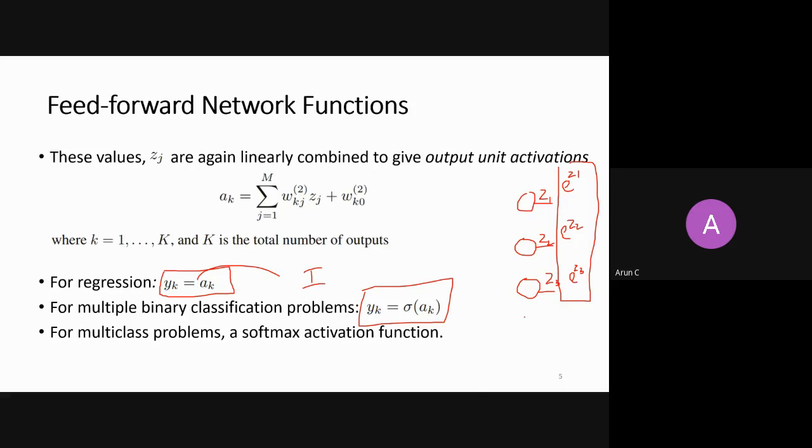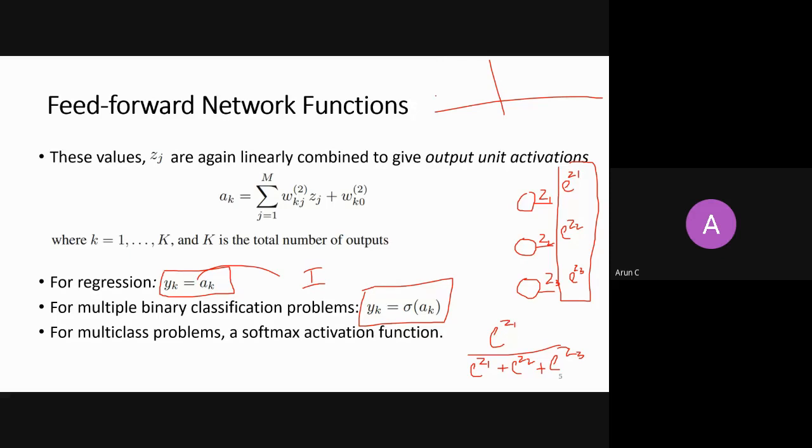So for example, the normalized value for the first node will be e to the power Z1 upon e to the power Z1 plus e to the power Z2 plus e to the power Z3, right? There are two benefits for this, because we always want to see everything in terms of a distribution. The first advantage of taking the exponential is that we will get a positive number, because the exponent is something like this.